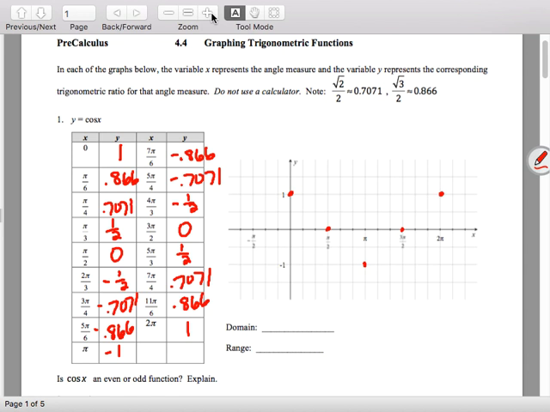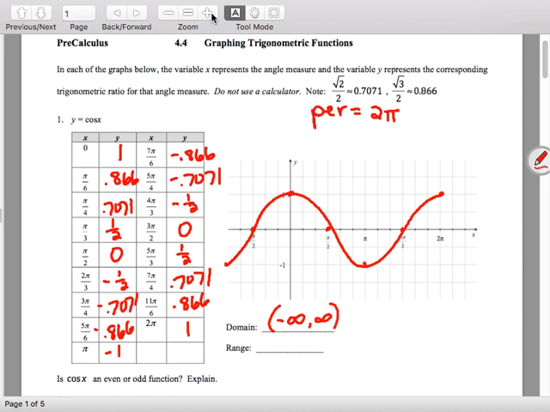then here's the cosine curve if you plot those. Now, this is just one period length, so the period length for cosine is 2 pi. And if I continue this to the left, just a little bit, my domain, this is going to oscillate forever to the left and to the right.